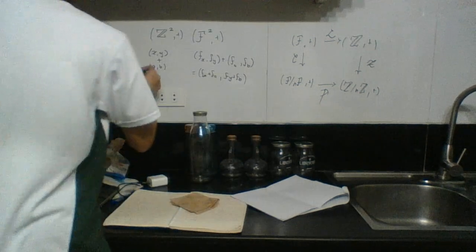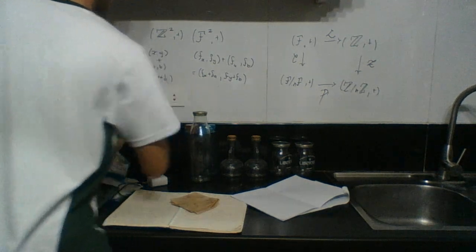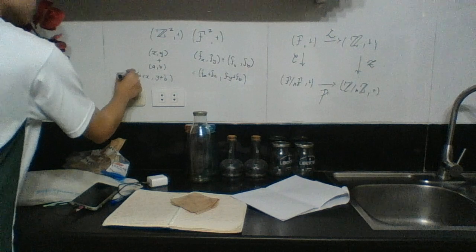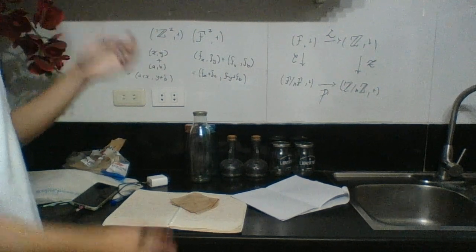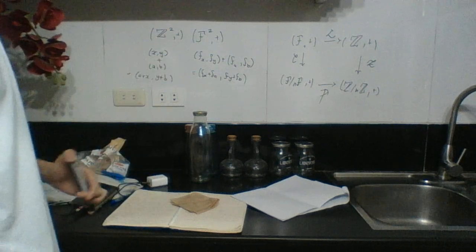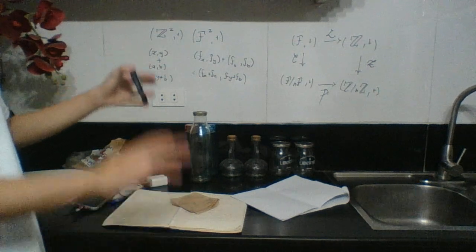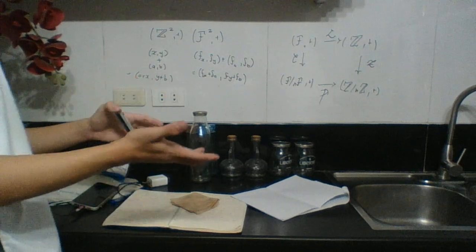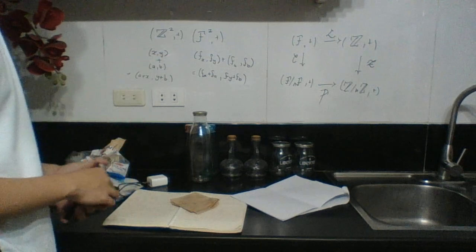And then likewise here, x plus a, y plus b. That's at least the relation between them. If we have our ordered pairs from these two structures, adding two ordered pairs would simply be adding them component-wise. So that is the relation between these two additions here.